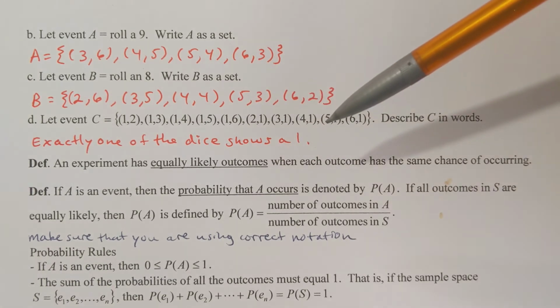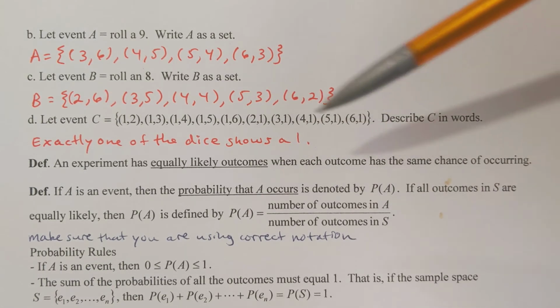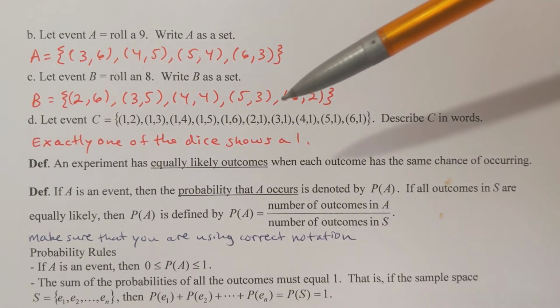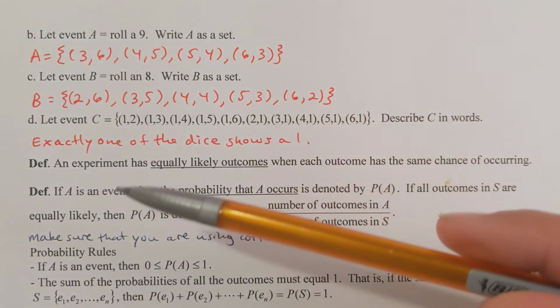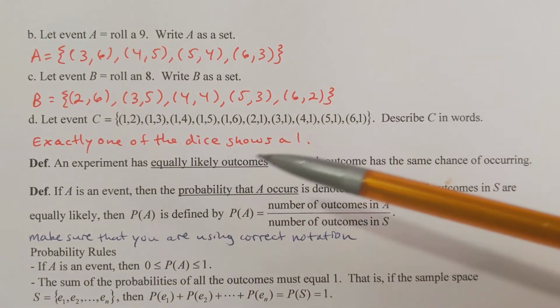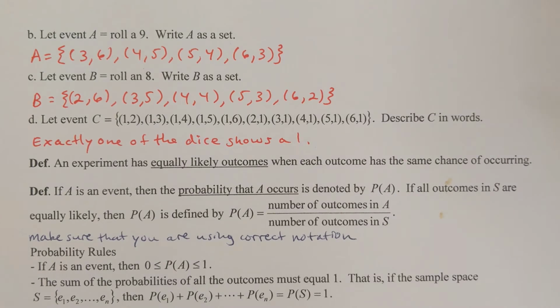Only one die is showing a 1 though, right? So I don't see the ordered pair 1 1 listed. So I'd want to make sure to say that. So exactly 1 of the dice comes up with a 1 or shows a 1 or something like that.